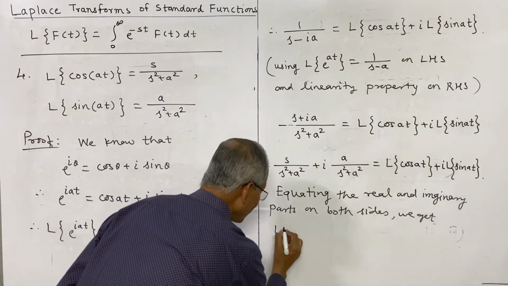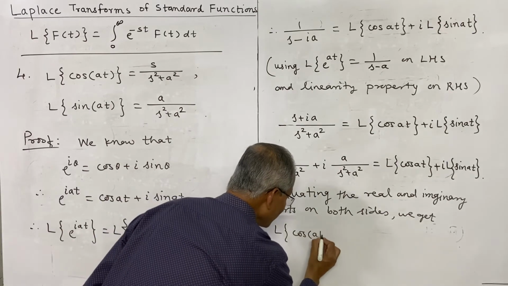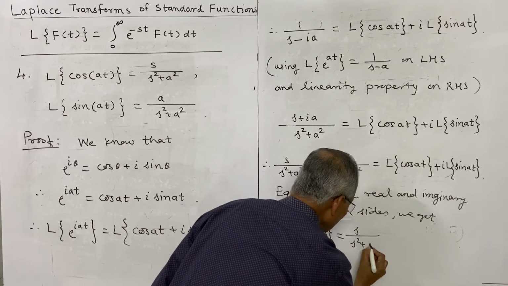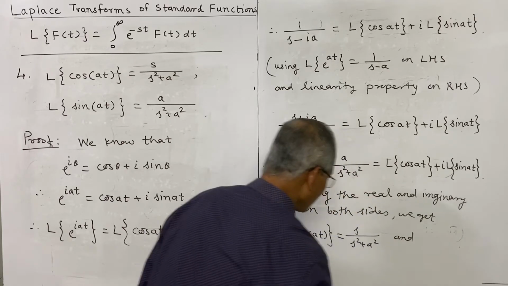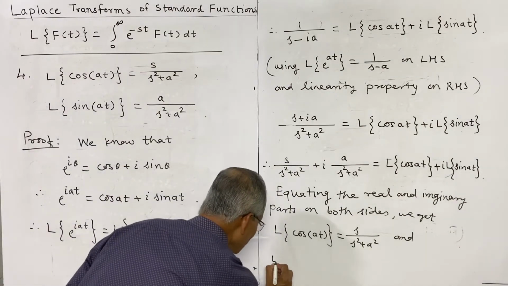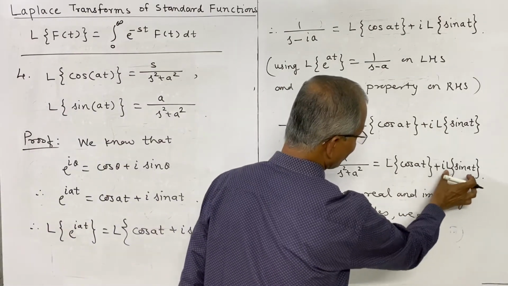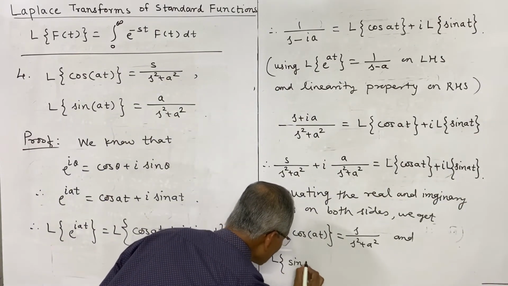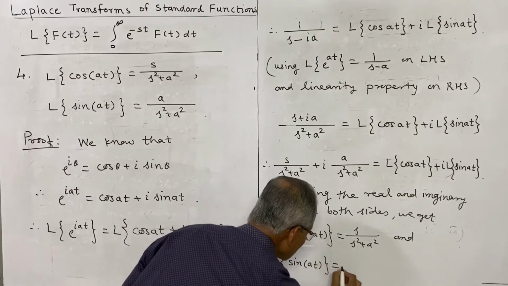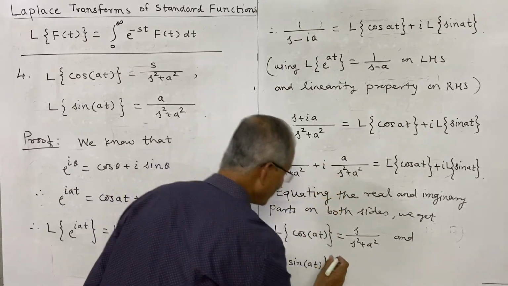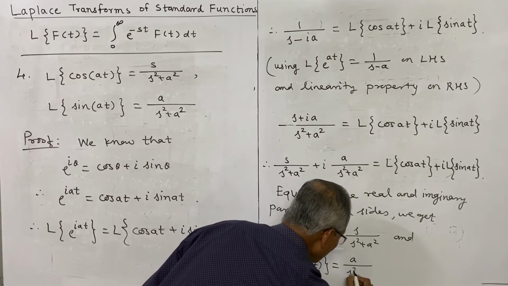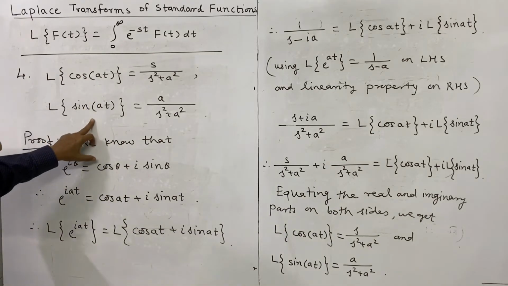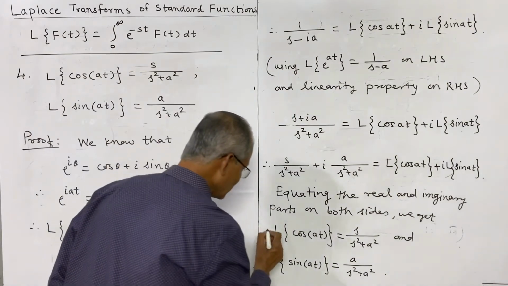So we get L of cos at is equal to s divided by s square plus a square. And for the second result, equating the imaginary part, the part containing i, L of sin at is equal to a divided by s square plus a square. So these are the two results that we wanted to prove.